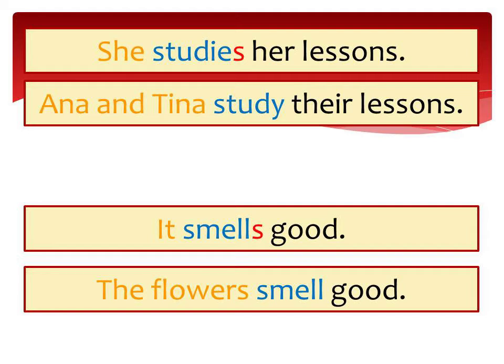Do you notice the verb when the subject is singular and the verb when the subject is plural? Another one is, it smells good. And for plural, the flowers smell good.